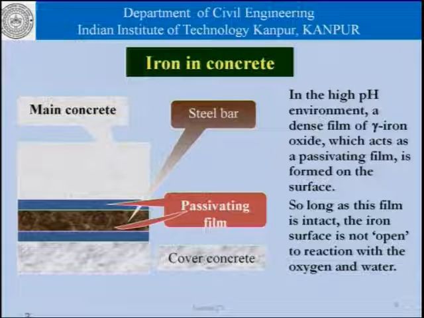We had also discussed why iron in normal conditions embedded in concrete does not corrode, and that is because there is a dense film of gamma iron oxide which is formed on account of the high pH in the environment immediately surrounding the reinforcing bars, and this high pH is the result of the formation of large amounts of calcium hydroxide in the hydration of the constituents of cement, that is C2S, C3S, C3A and so on.